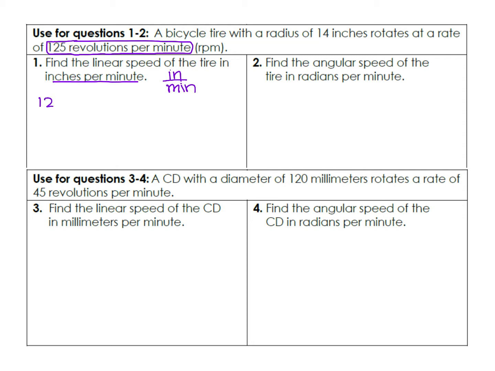So I'm going to set up a fraction that says I make 125 revolutions per 1 minute. I need to convert revolutions into inches. I'm already in minutes in my denominator. To convert revolutions to inches, I can use our conversion factor that one revolution is 2 pi times the radius in units. And it gives us that our radius was 14 inches.